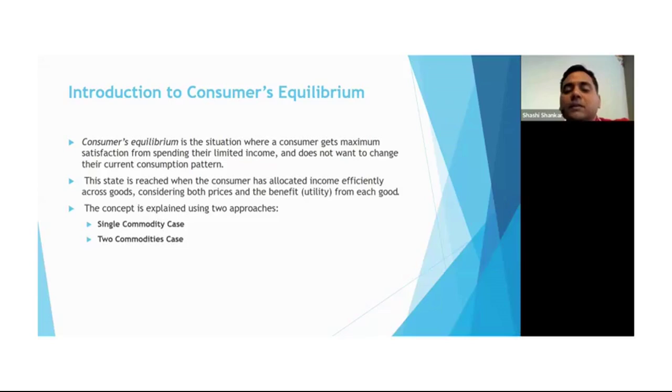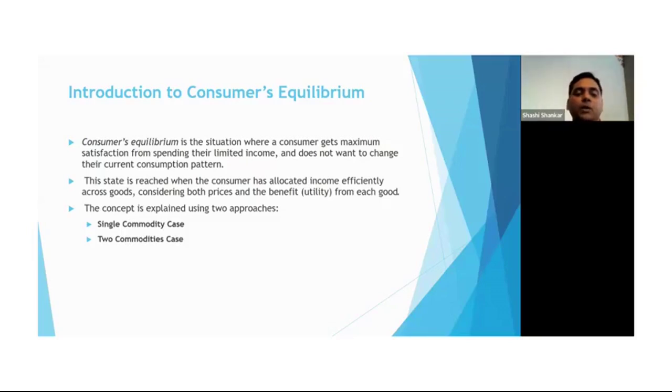Benefit here is the utility from each good. So always keep in mind the assumption that income is efficiently allocated across the goods, considering both prices and the benefit from each.